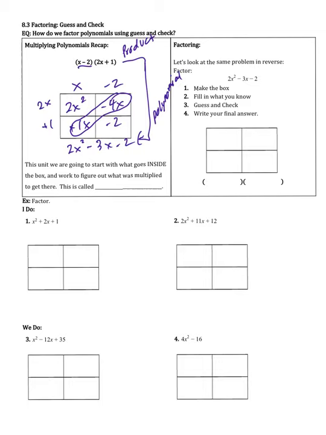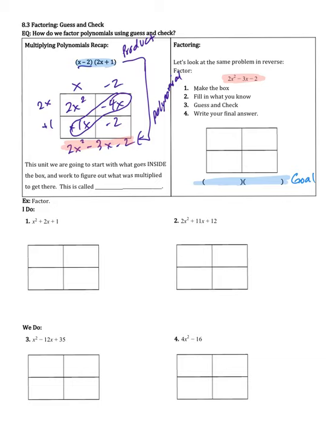Our goal in this unit is to get the two sets of parentheses, as opposed to before, when our goal was to get rid of them. So we are really working in reverse. Our goal is to figure out which two factors multiplied together give me the polynomial. So before, the polynomial was our answer, and now the polynomial is going to be our original problem.